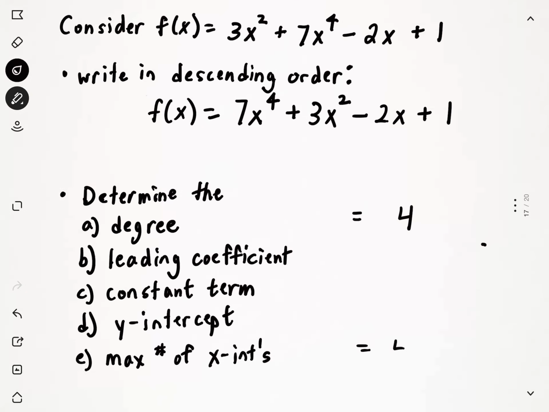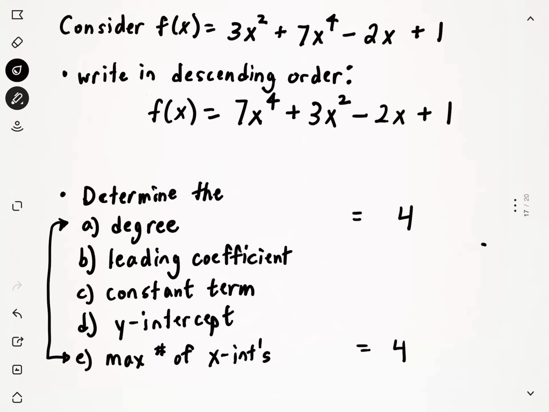That's also equal to 4. The degree of your function is equivalent to the maximum possible number of x-intercepts. So, of course, that's one clue of what the graph would look like. We have no idea what the graph of this function looks like at this point in time, but we do know that there's a maximum of 4 x-intercepts.